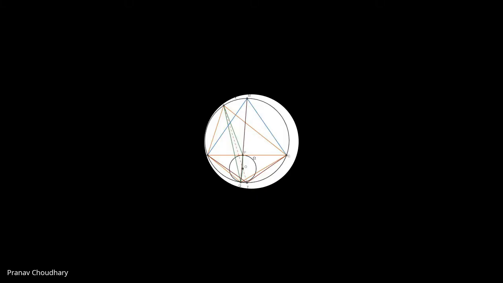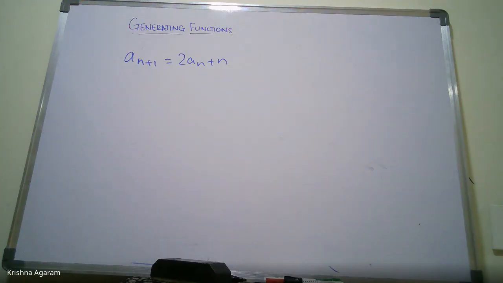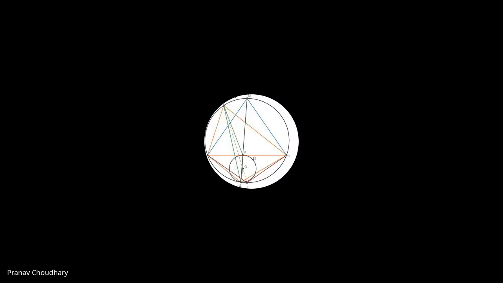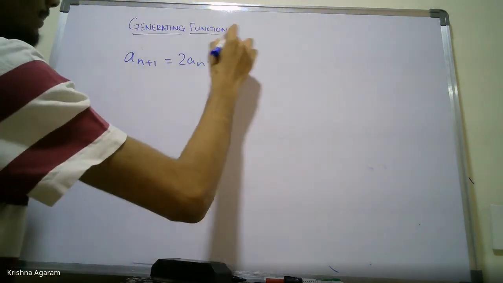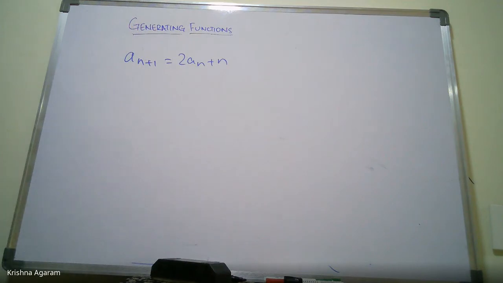Just add n to both sides. Then you define b_(n+1) equal to 2b_n. Basically, you get the previous problem by taking a_n plus n as b_n, right? Correct. Then you proceed in the same way as you proceeded for the previous problem. Perfect, that's a nice one.